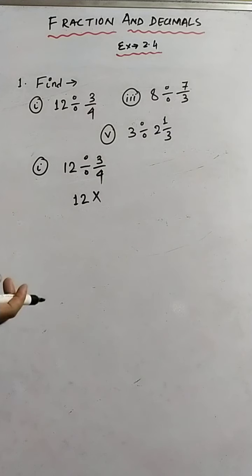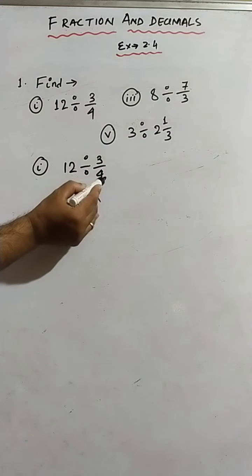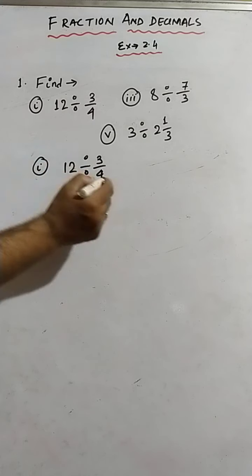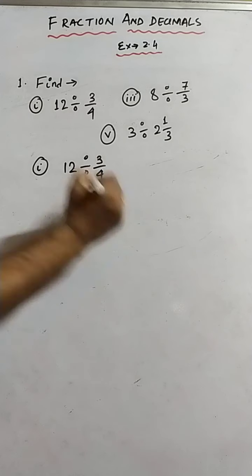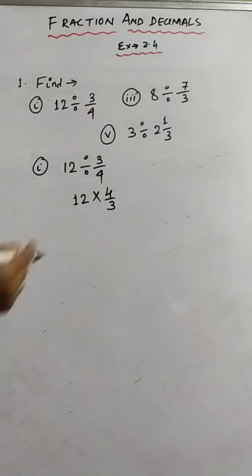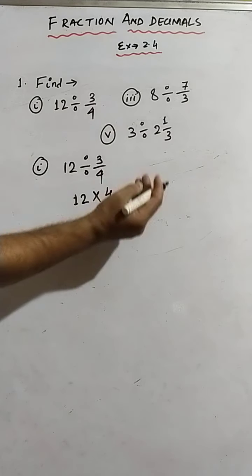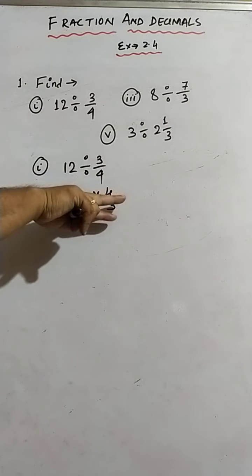What is the meaning of reciprocal? Reciprocal means the denominator will now go to the numerator and the number in the numerator will come to the denominator. So it will look like 4 by 3. As simple as this. We will not make any changes to the left hand side fraction, but the right hand side fraction will always be reciprocal.